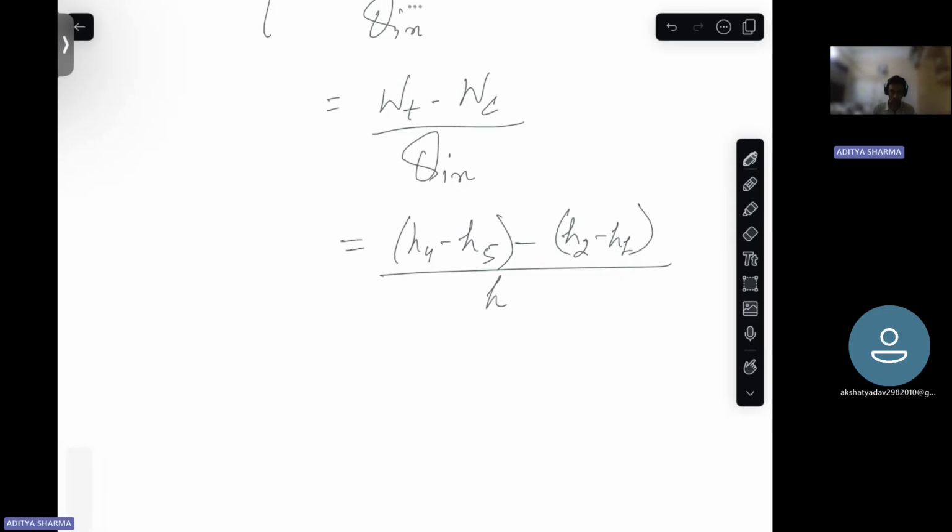So here the whole difference comes into picture. This denominator has decreased, which eventually leads to increase in the thermal efficiency. So this is from your heat and work interactions. So this is one main point.